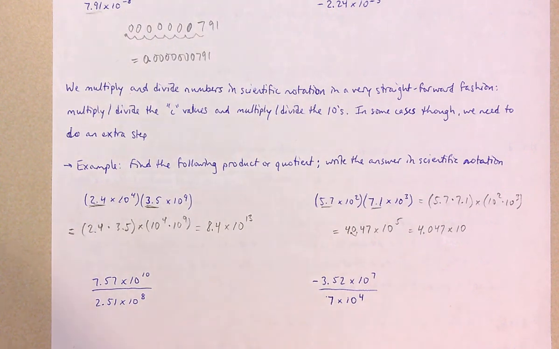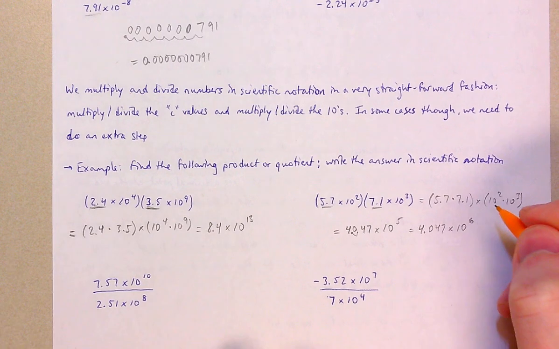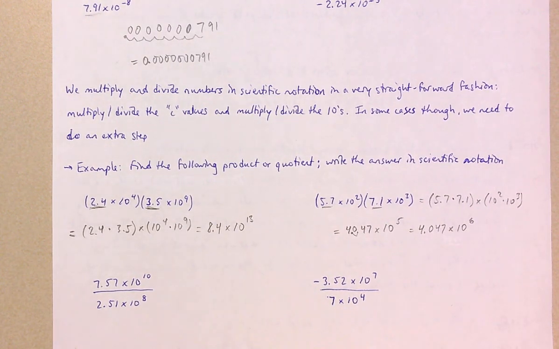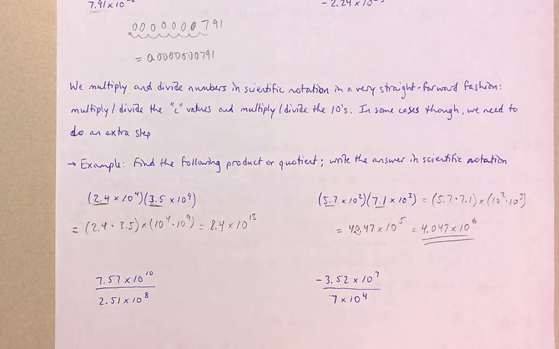If we move it one place to the left, to balance that out, we have to raise our exponent by 1. For every place you move to the left, raise your exponent by 1 to keep things balanced. So it's not going to be 10 to the 5th, it's going to be 10 to the 6th power. And this right here is your final answer. This is your answer in true scientific notation.